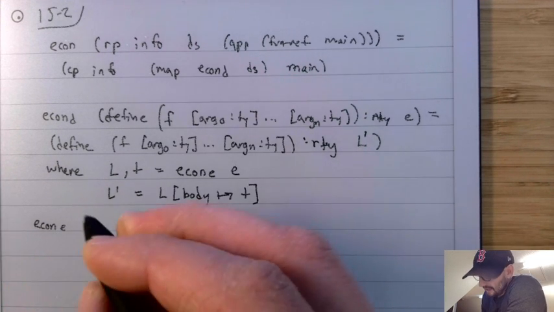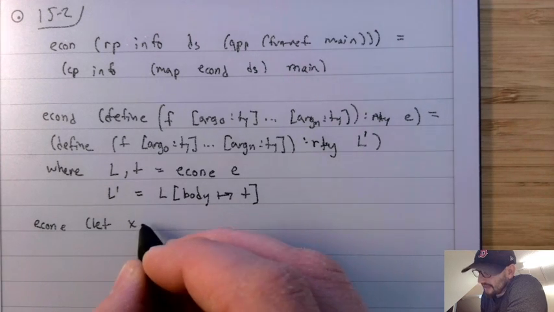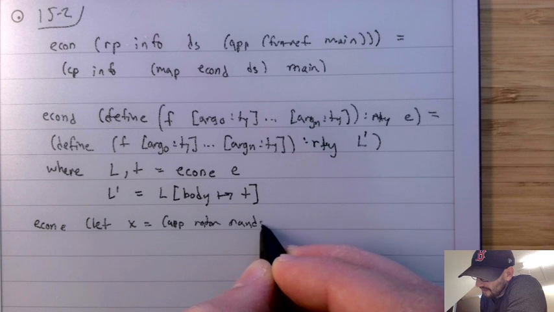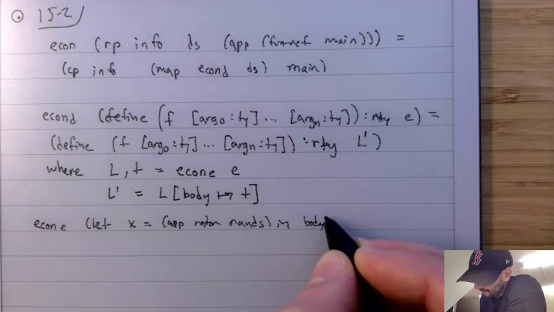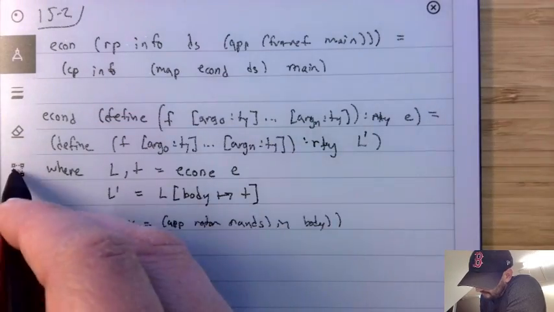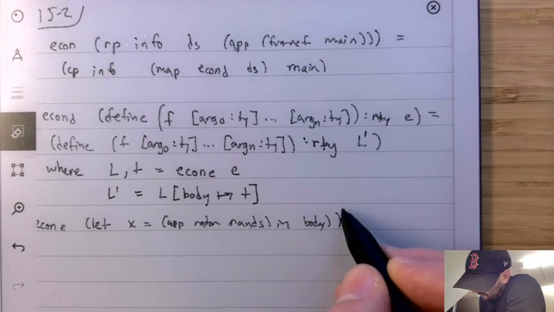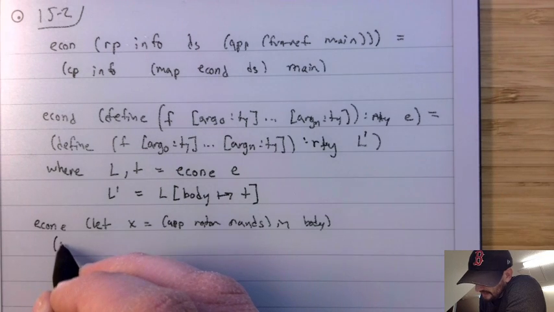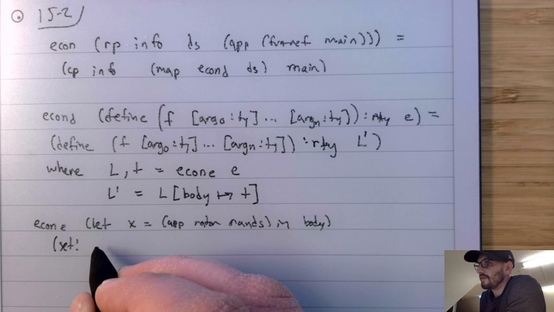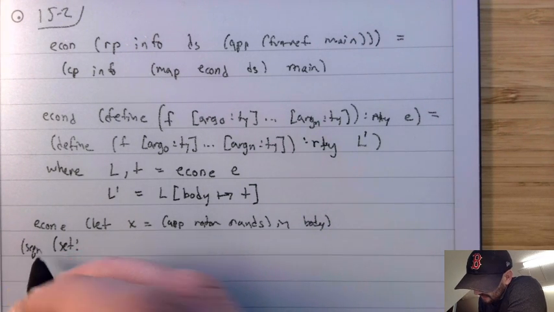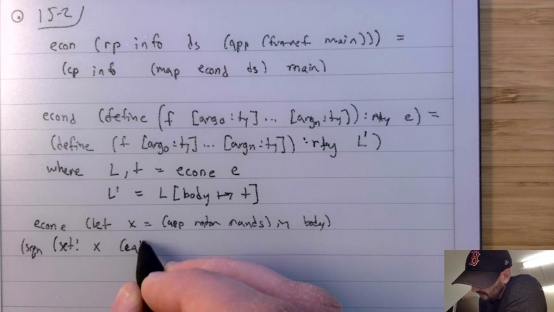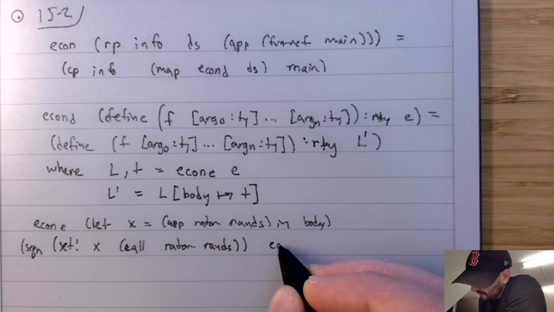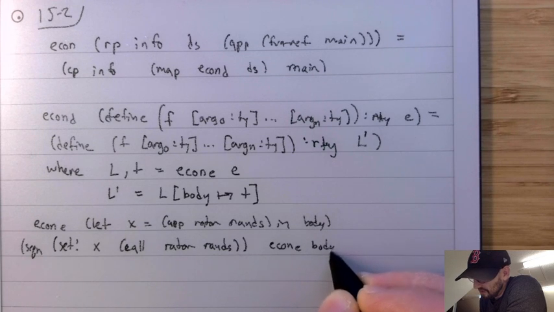When we call econ E and we give it a let of x equals some application of the operator and the operands inside of some body, what we do is we just turn that into a sequence of a set of x to a call of the rator and the rands, and then we do econ E of the body. So just like all the other cases.